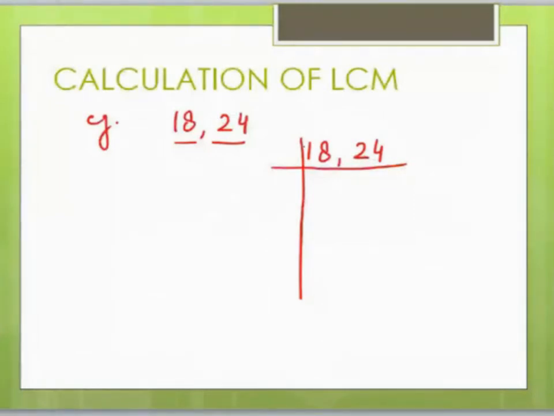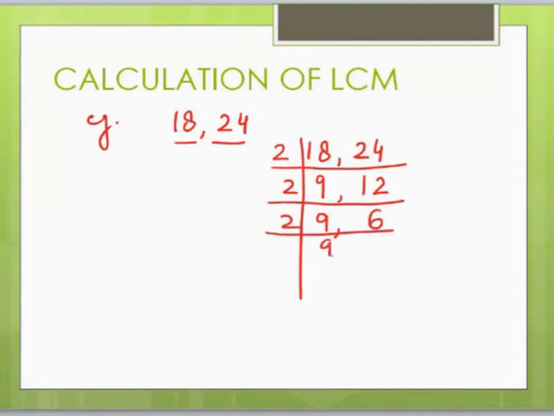Let me see which prime factor divides these numbers together: 2 9s are 18 and 2 12s are 24. I carry on with 2 because 12 is still divisible by 2 and 9 will remain as it is. 2 6s are 12. I again carry on with 2. 9 remains as it is and 2 3s are 6.